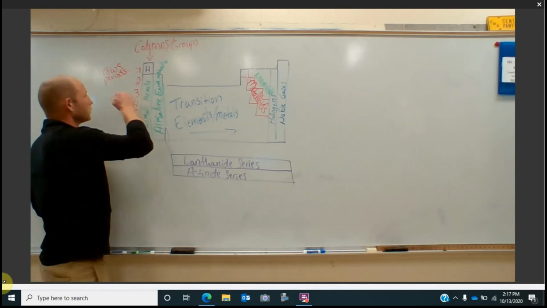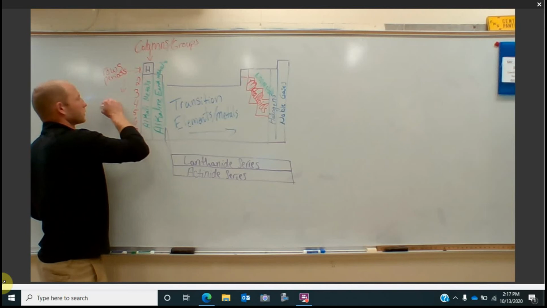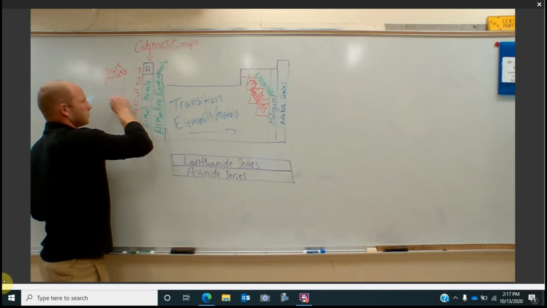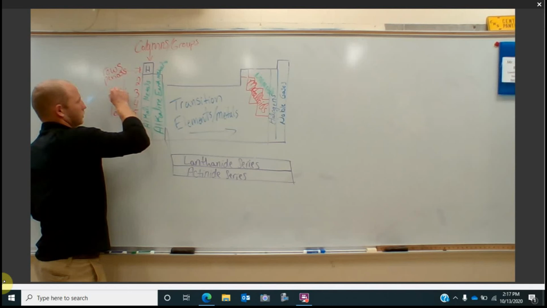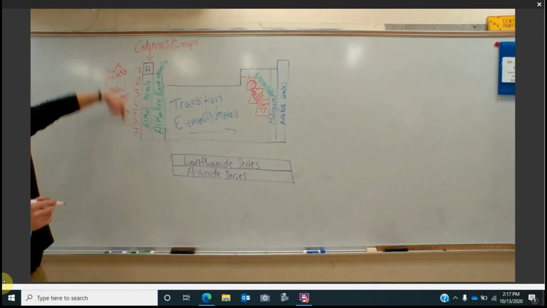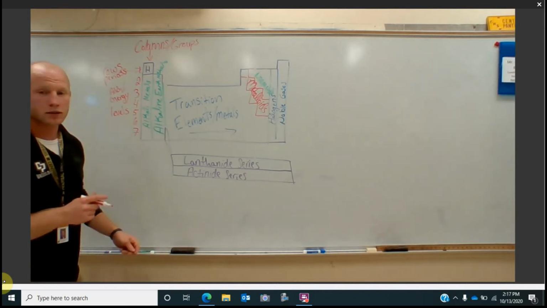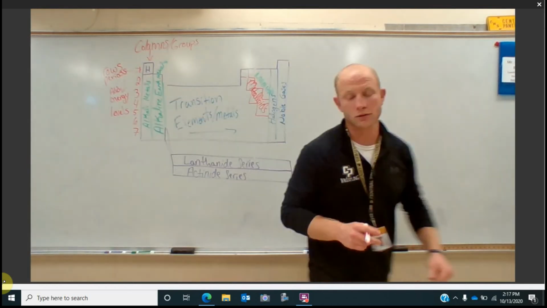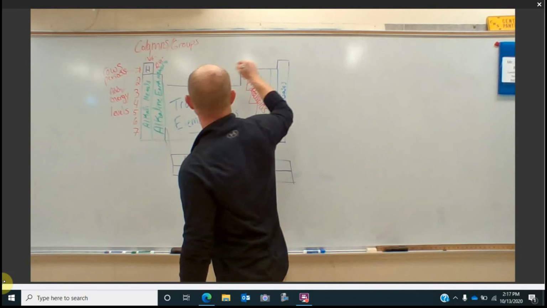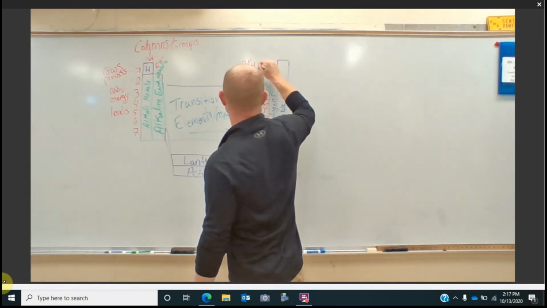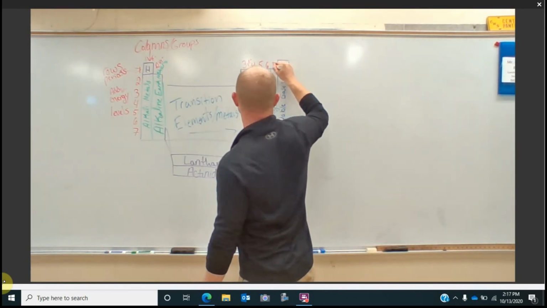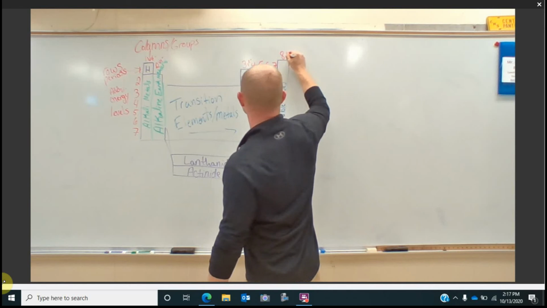So we know that as we go down, we add energy levels, and then we know that we have 3 valence electrons, 4, 5, 6, 7, 8 valence electrons.